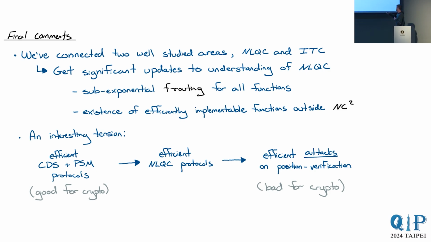And then that implies actually good attacks on position verification. Something I guess I didn't mention is that these NLQCs are attacks on position verification schemes. So this is sort of bad for cryptography. So one of these things has to win out, and they're played off against each other. Okay, so that's everything I want to say. Thank you.